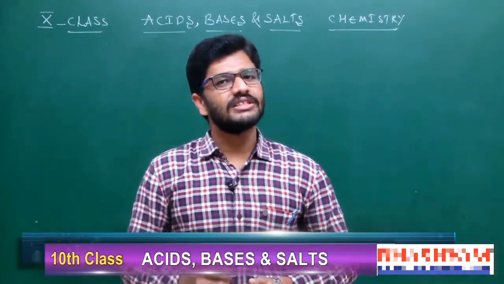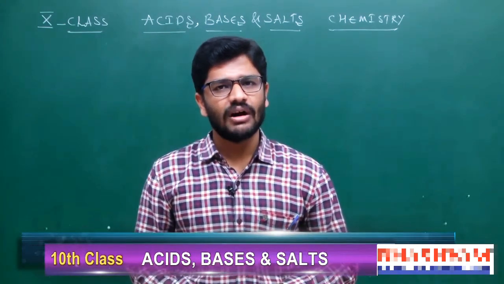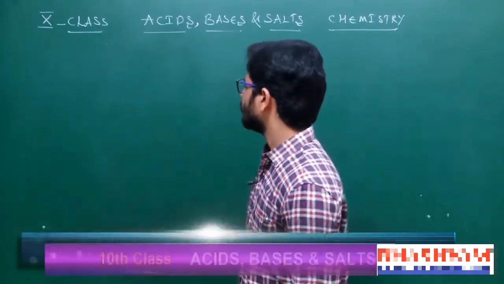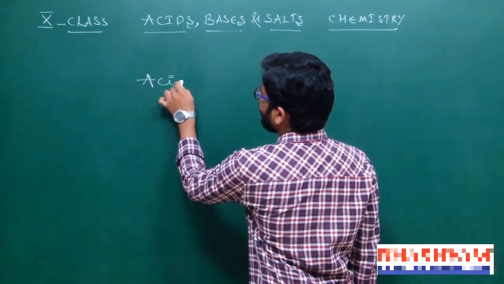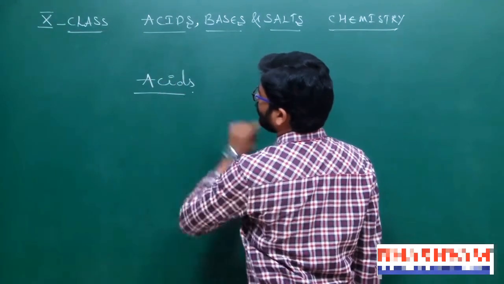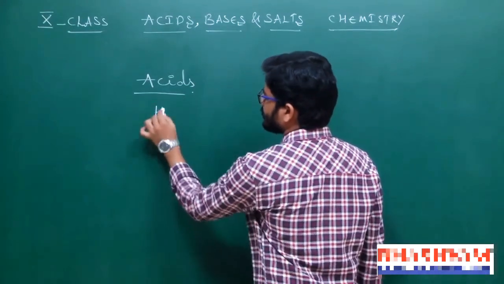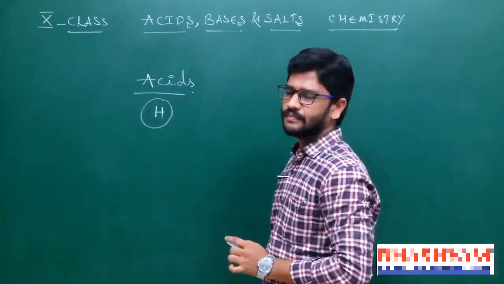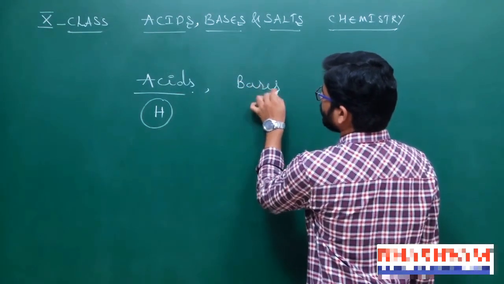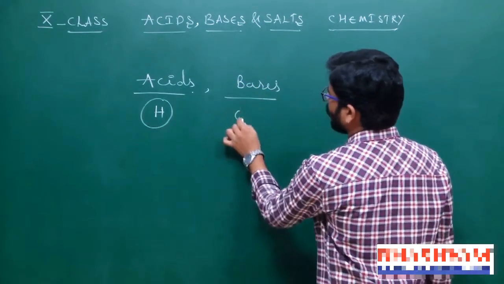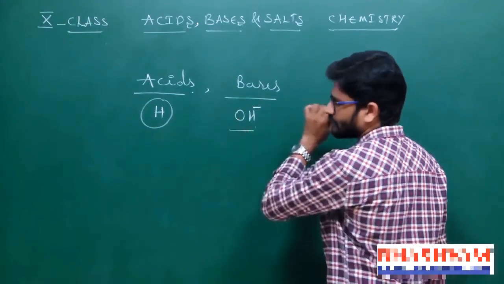Now in this lecture we will discuss what acids and bases have in common. Okay students? Generally, in acids the common element is hydrogen, and in bases the common radical is OH minus.